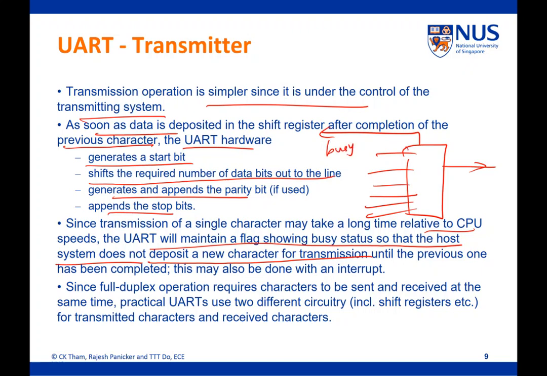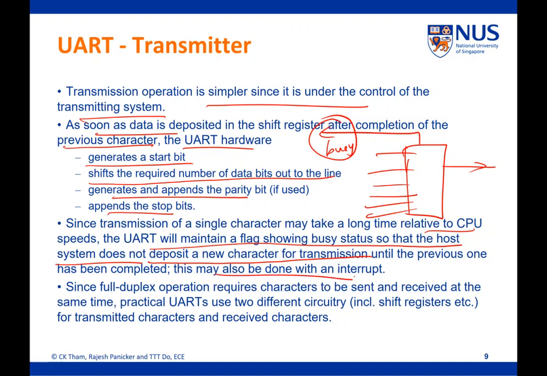Some kind of a busy flag is maintained by the transmitter. So when the transmitter is busy, you should not write a new character. So the processor will first check whether the busy flag is set. If the busy flag is set, it will not write a new character. Okay, it will write only when the busy flag is no longer set, which means the hardware is no longer sending a data byte.